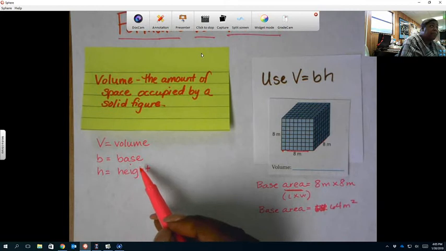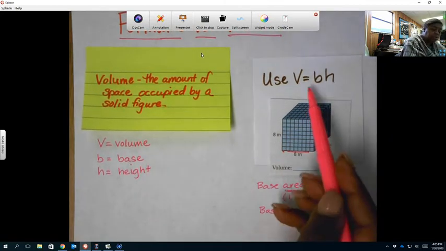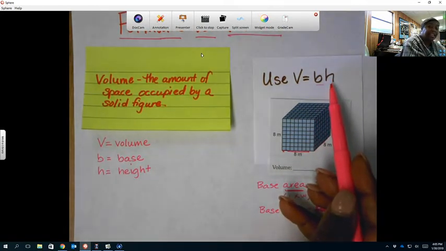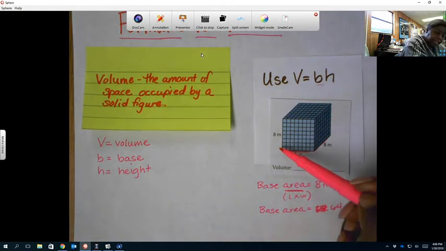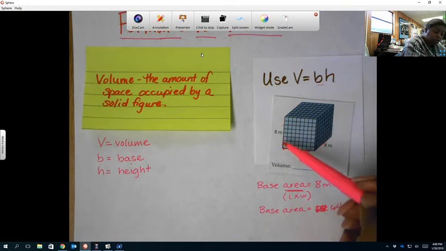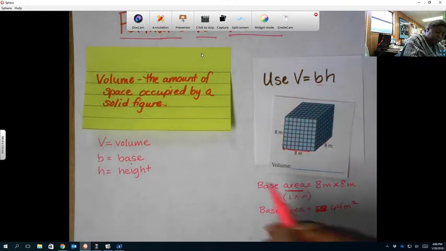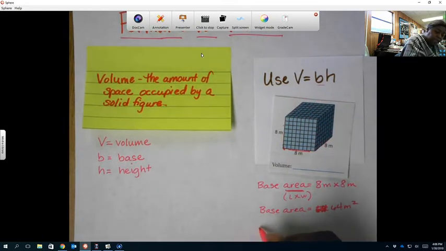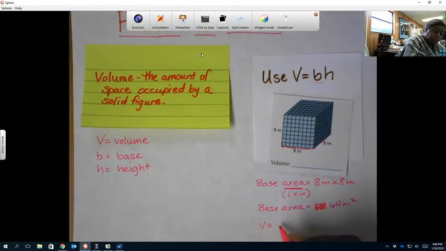Now that I know the base, in order to do the formula, I just need to know how many layers or the height, and it tells us that it is 8 meters tall. So to complete the formula, I know that V equals base times height.